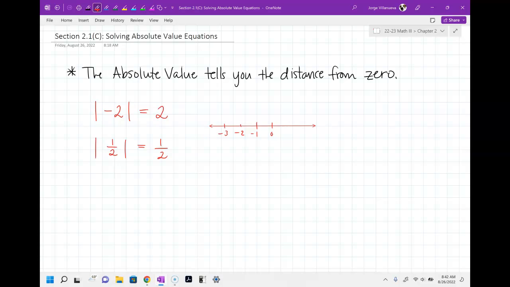Here's 0, 1, and 2. If we put a dot here at -2, the distance to 0 is 2 units. Remember, distance cannot be negative.